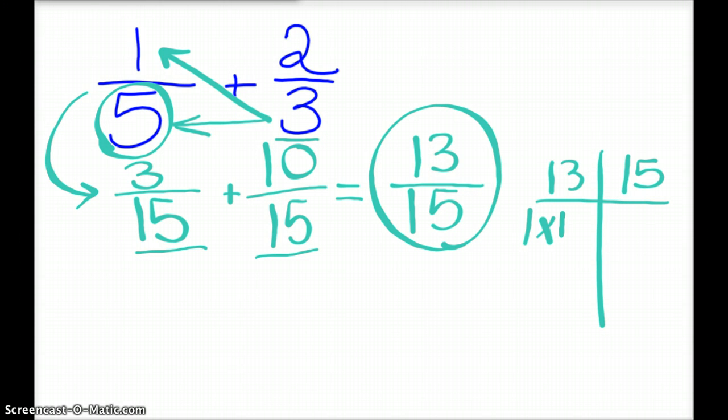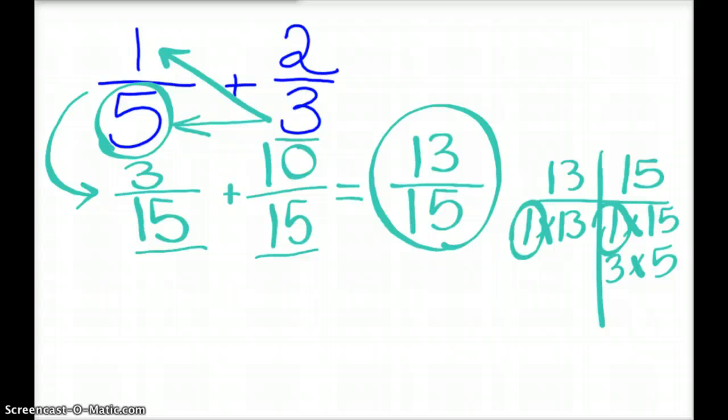I'm going to get 1 times 13 there, 1 times 15, and 3 times 5. And the only one that they have in common is 1. That tells me that my number is as simplified as it's going to get. Okay? It cannot get any simpler.